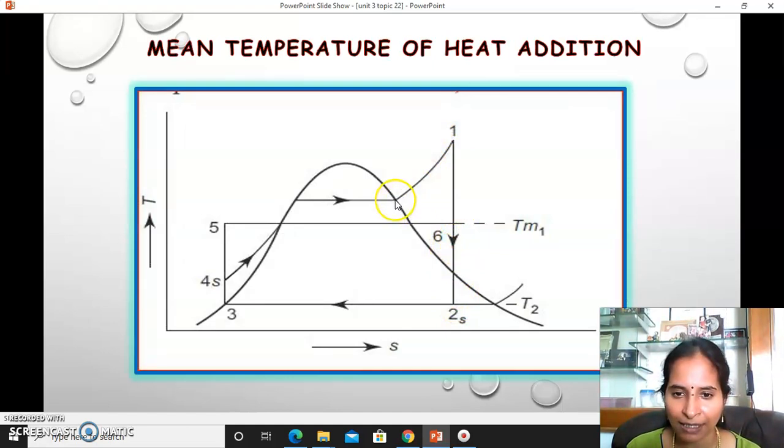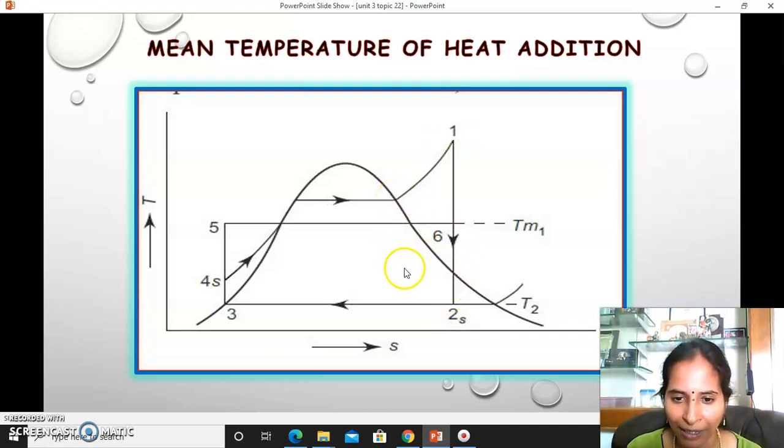If you think that the expansion between this dry saturated point and condenser pressure is less than when you increase the temperature of the steam, right? So superheat increases the work done by the turbine and increases the quality during the expansion.